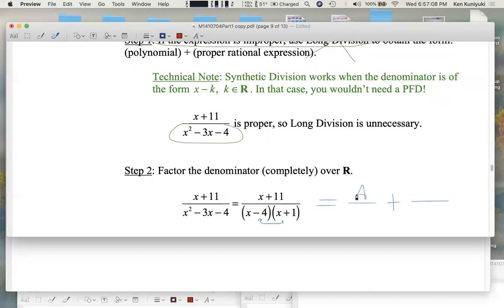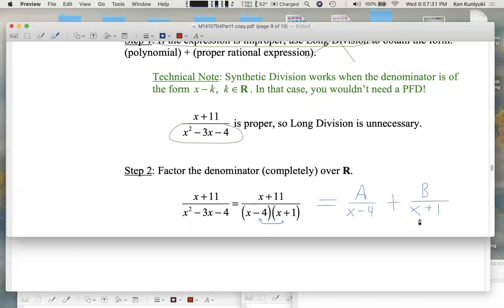A, which represents a real number, though unknown, over x minus 4 plus b, let's say, another unknown real number, over x plus 1.